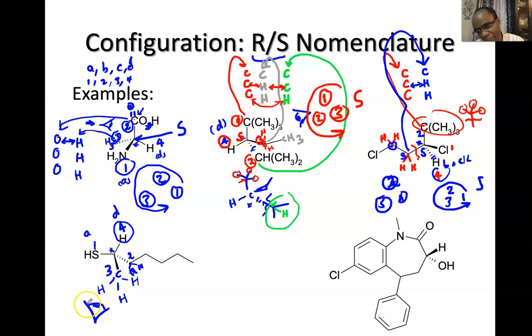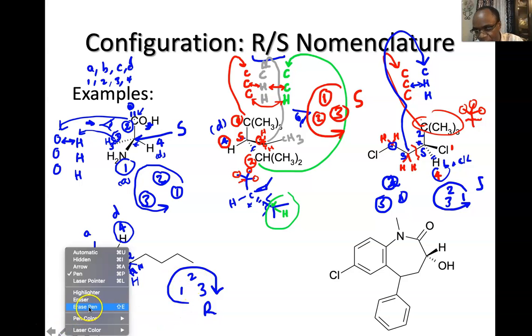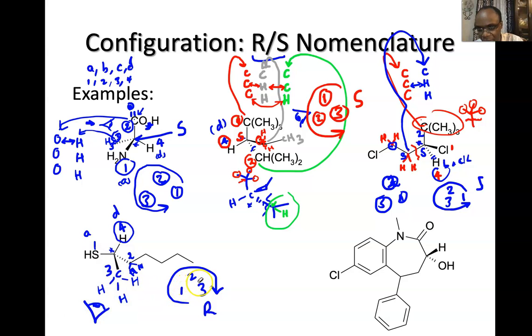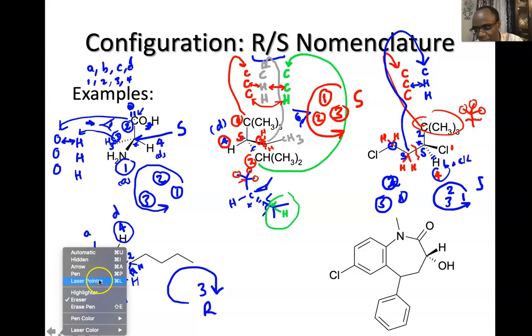So if the eye is here, then the numbers will look like this. 1, 2, 3. So this time we are going R. Let's see, is that true? No, that's not true. We should be the other way around. One should be on top, 2 should be at the bottom.